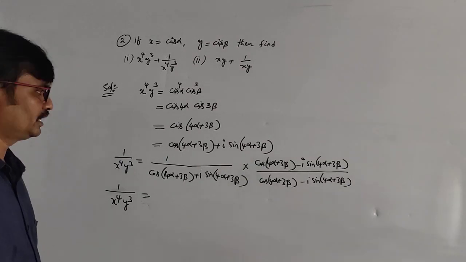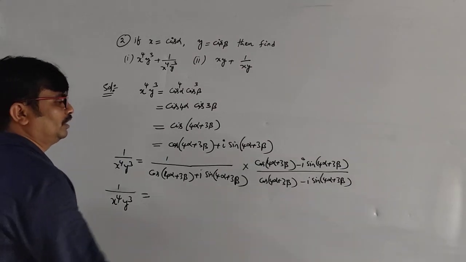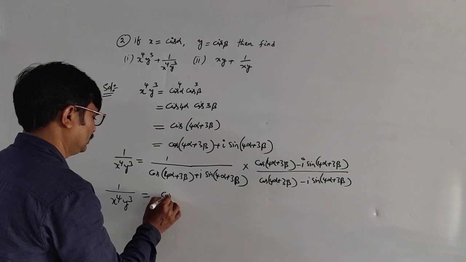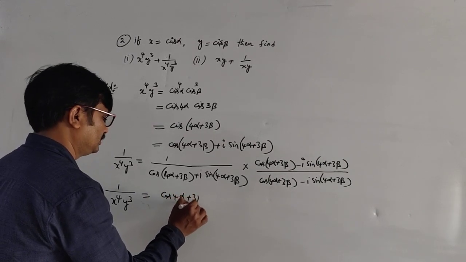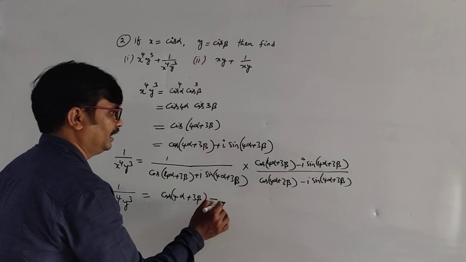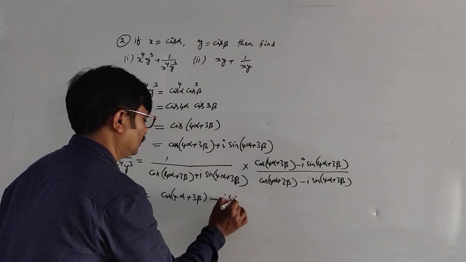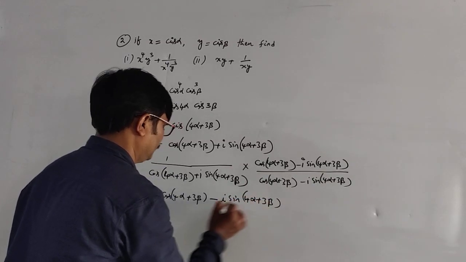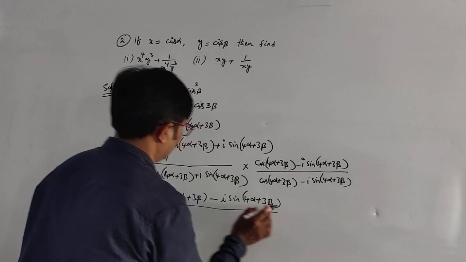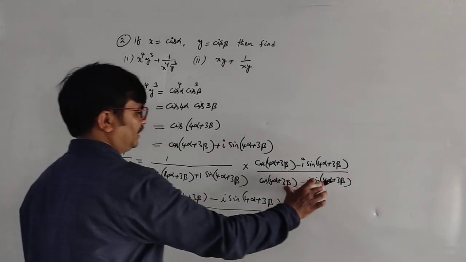That is equal to, what do we observe here? This is cos of 4 alpha plus 3 beta minus I sin of 4 alpha plus 3 beta whole by a plus b into a minus b.